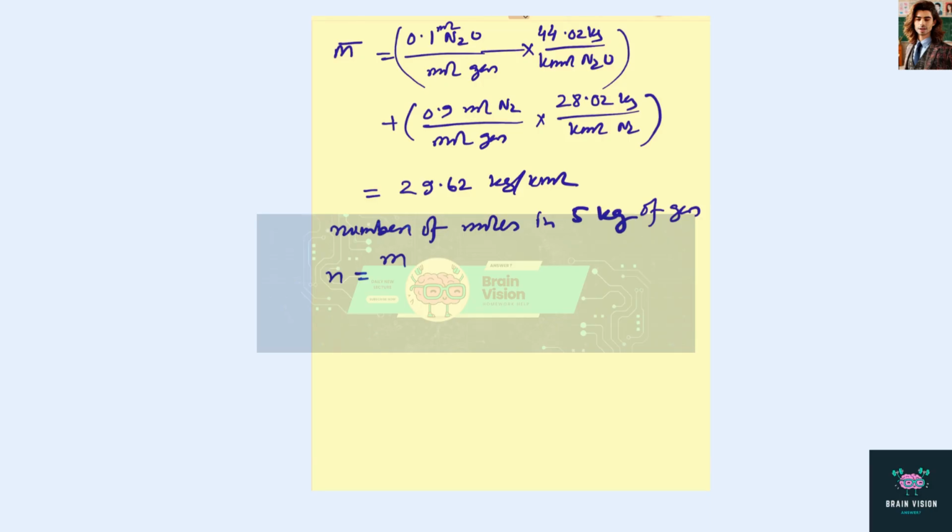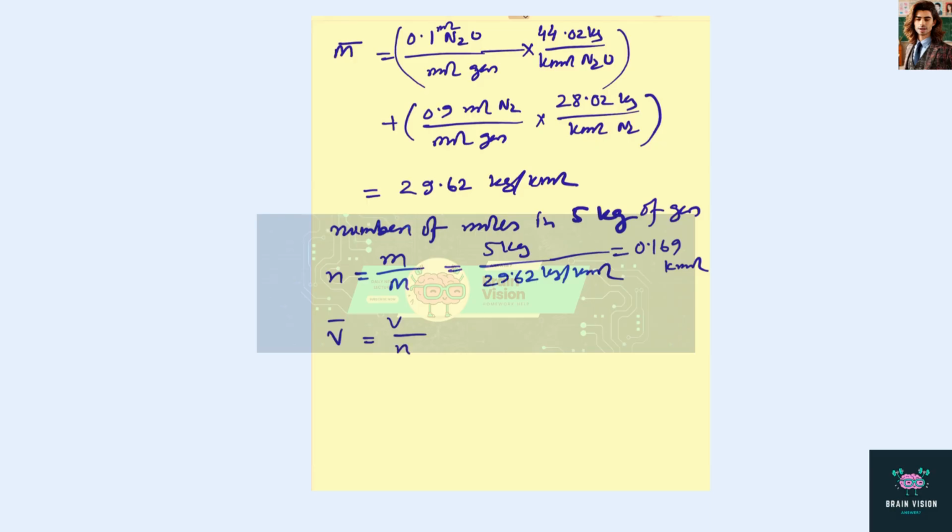N is equal to the number of moles, mass divided by molar mass. The mass is 5 kg, molar mass 29.62 kg per kilomole. Therefore, the number of moles is 0.169 kilomole. Now we can calculate the molar volume.